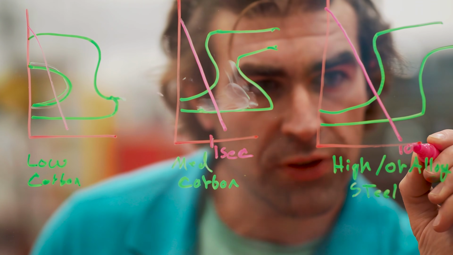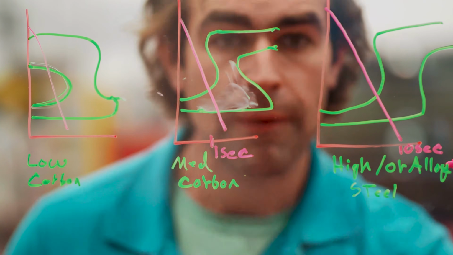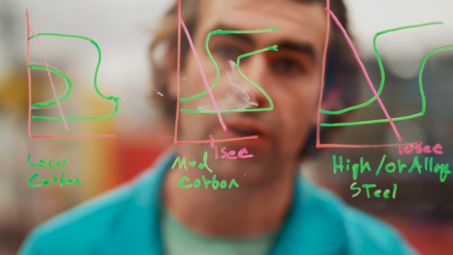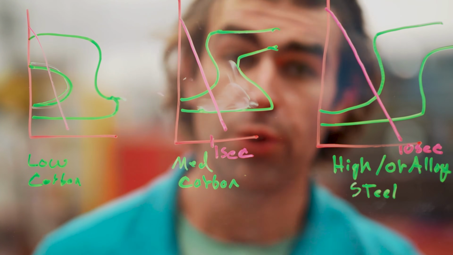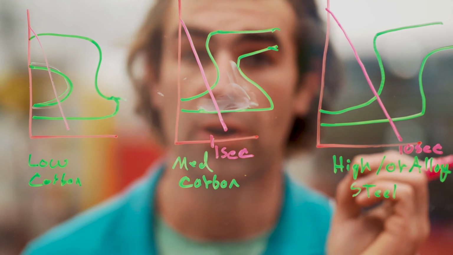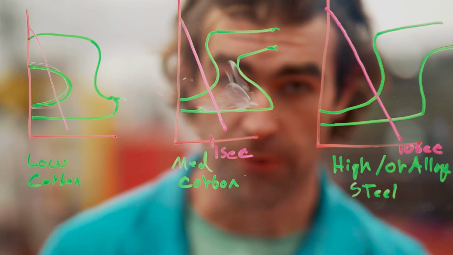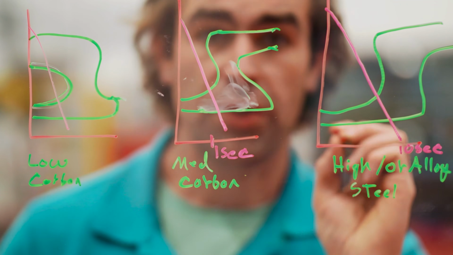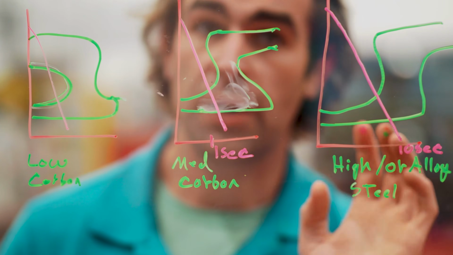Maybe you give yourself 10 seconds to cool that part down to make that full transformation to martensite, a hardened steel. This is one of the things we look into when we talk about a steel's heat treatability.